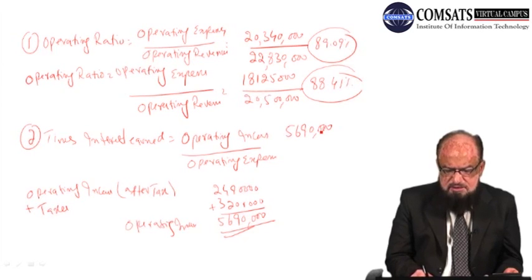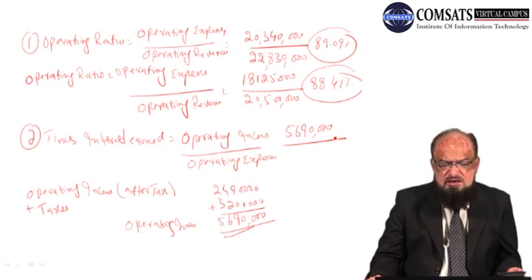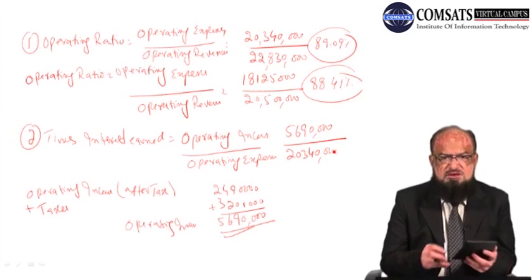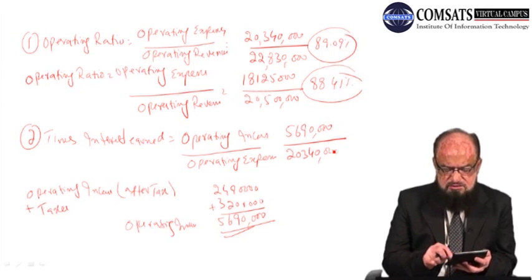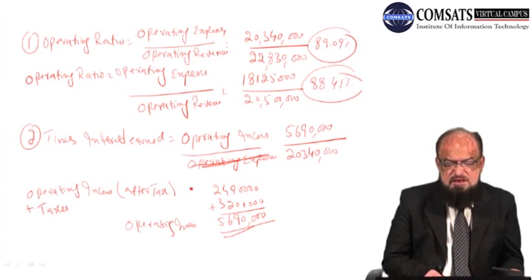So put this in operating income: 5,690,000 divided by operating expenses, which are 20,340,000. Dear students, correction: it will be divided by the interest expense instead of operating expense.